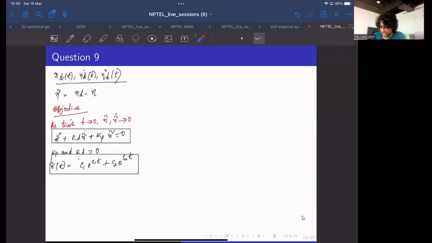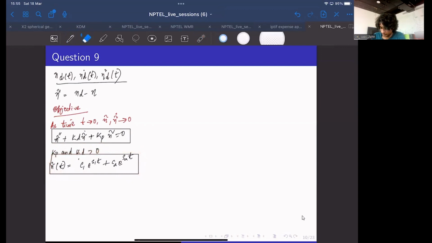So if we judiciously select KP and KD, or if we choose KP and KD greater than 0, the homogeneous solution of this differential equation would follow this equation.